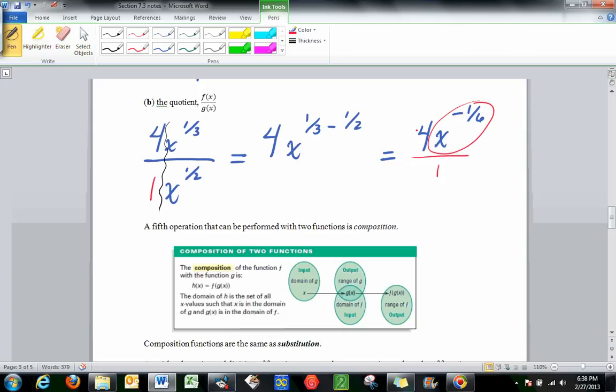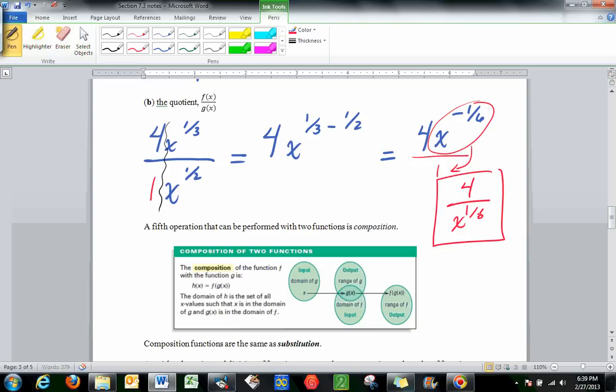The negative 1/6 does not apply to the 4, so I'm going to want to switch this around and create our final answer of 4 over x to the 1/6 power. And I apologize for the pen issues. So you can see here 4 over x to the 1/6 power is the simplified form from the division.